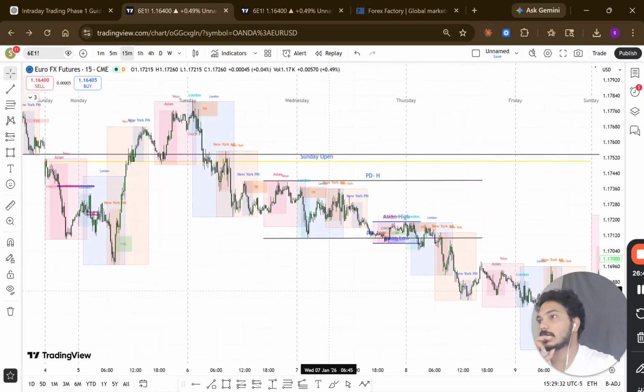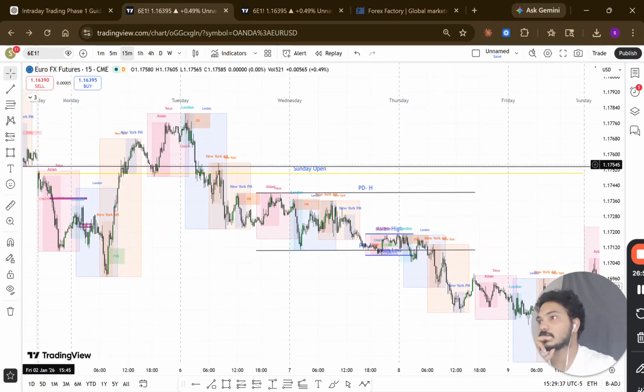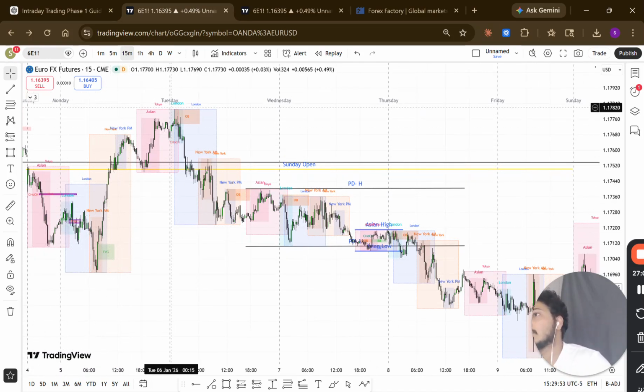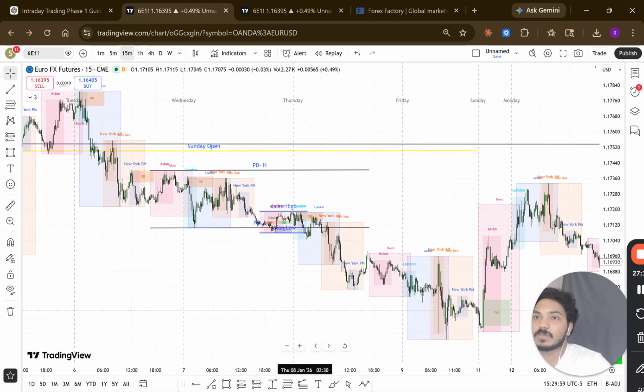So the market opened Sunday here. It tried to manipulate first, manipulate the shorts, took out all the sell orders here, then went to take out all the buy orders, and see this move towards Friday.